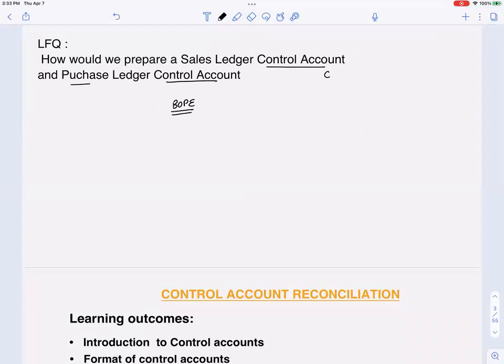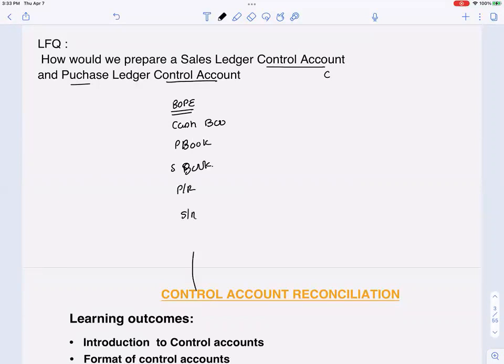Okay. What are the books of prime entry? Cash book, purchase ledger, sales ledger, general journal. Purchase book, sales book, purchase return, sales return, and others.